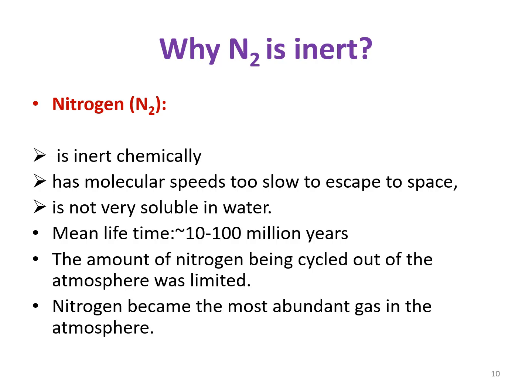Unlike oxygen, which is consumed in various biological and chemical processes, nitrogen persists in the atmosphere due to its stability and lack of reactivity. The amount of nitrogen being cycled out of the atmosphere was very limited, and nitrogen became the most abundant gas in the atmosphere.